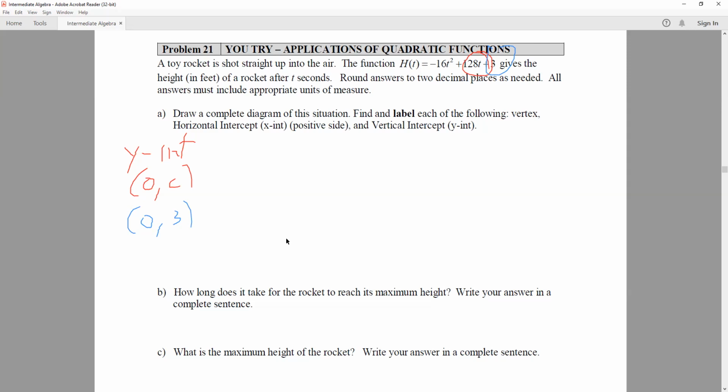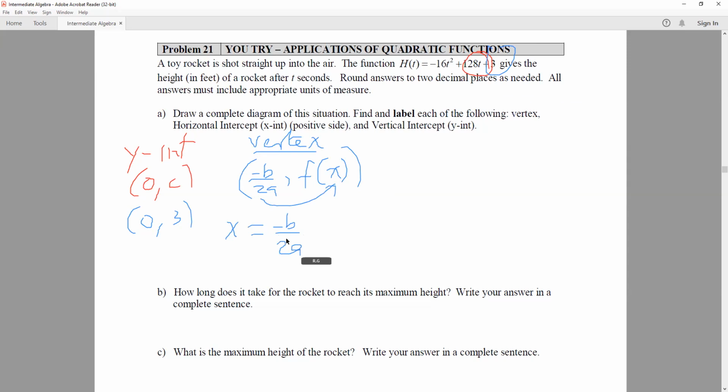Okay, now what about the vertex? Our vertex is going to be negative b over 2a for x, and then f of x, or f of whatever you get for x, you put it in. So let's start with x, negative b over 2a.